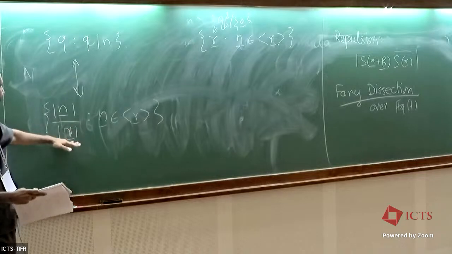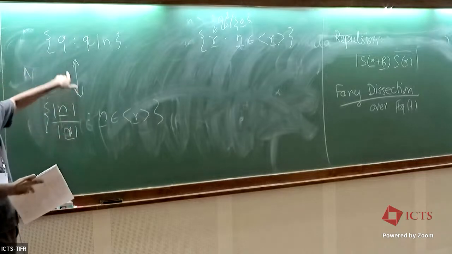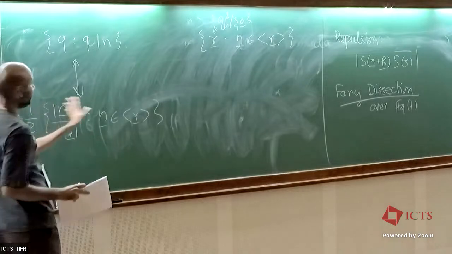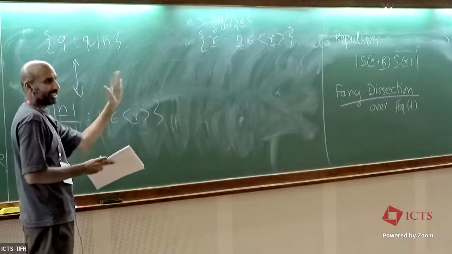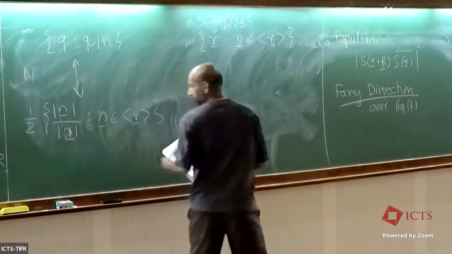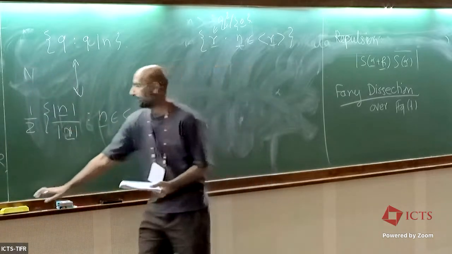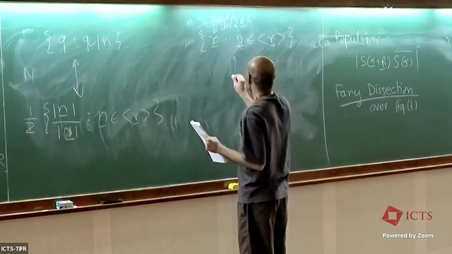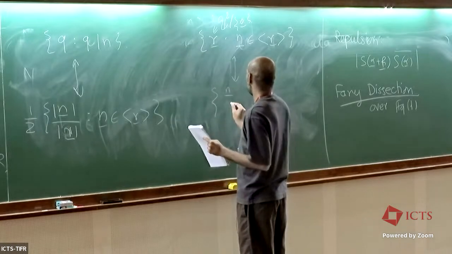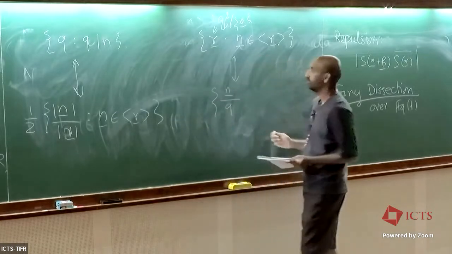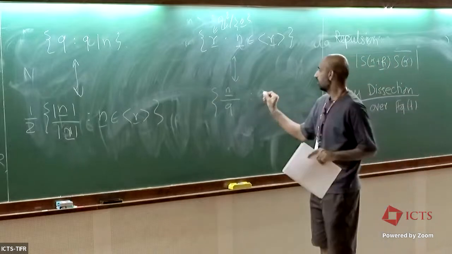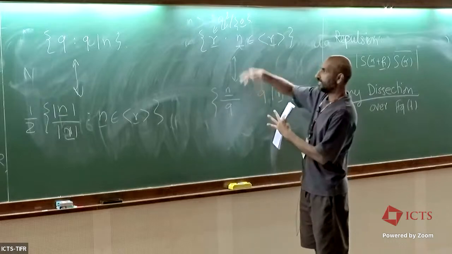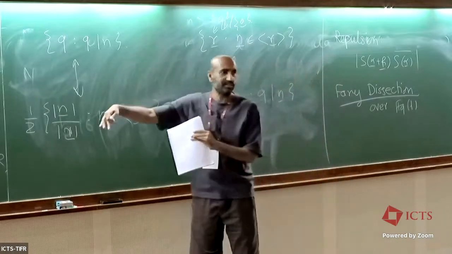So there must be a q that corresponds to this ratio. Okay. So now I will write a half here because r and minus r give you the same lattice. So you'll get the same number twice. So this is what I mean. And again, here you can do a similar thing, and you can look at n divided by q. Okay, so both these sets are duals of each other.